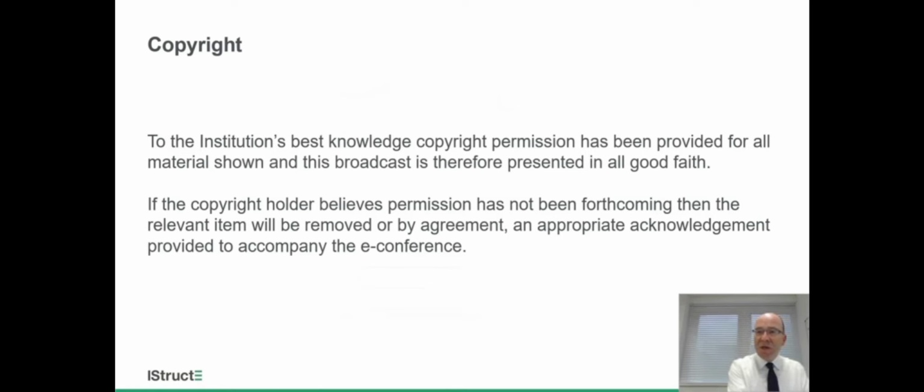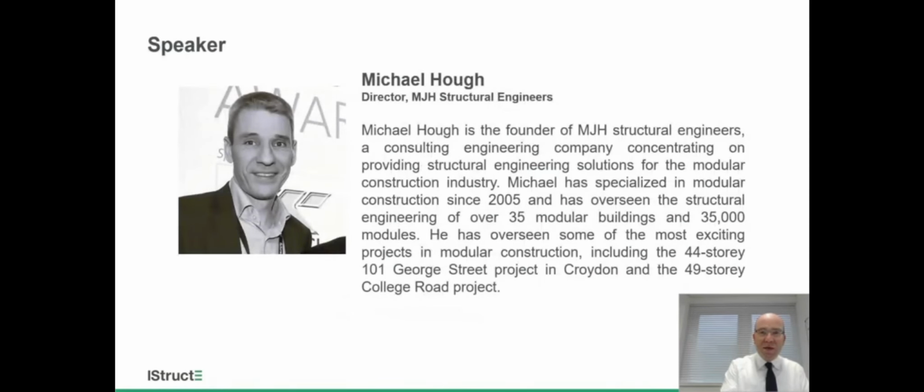So just introducing the speakers, and we have two speakers this evening that work together collaboratively. The first speaker is Michael Howe. Michael is a founder and director of MJH Structural Engineers. They are a company concentrating on providing structural engineering solutions for the modular construction industry.